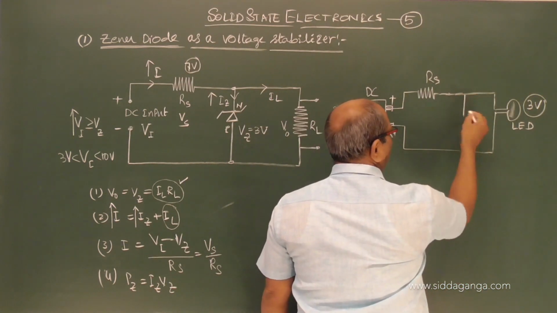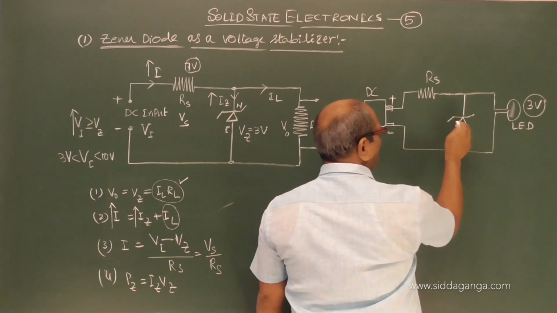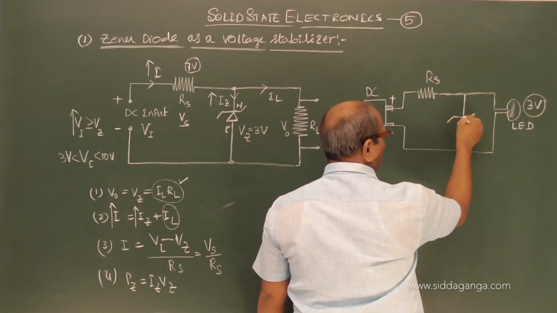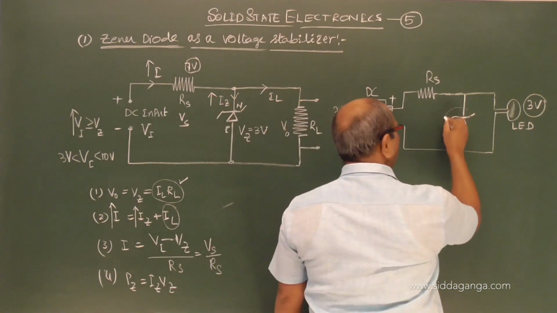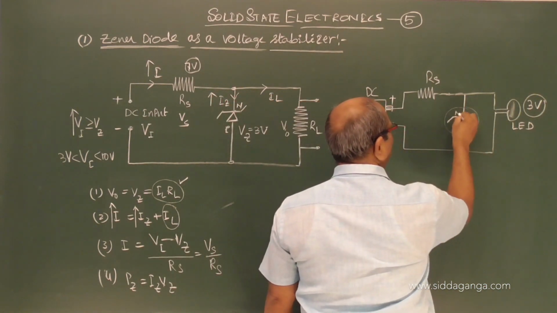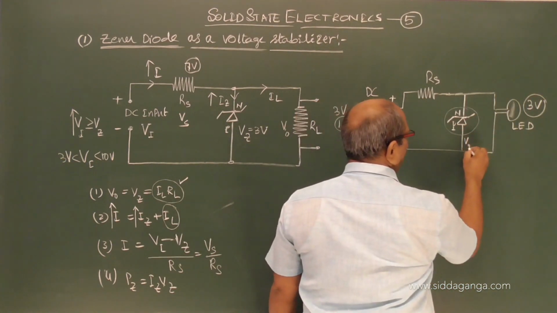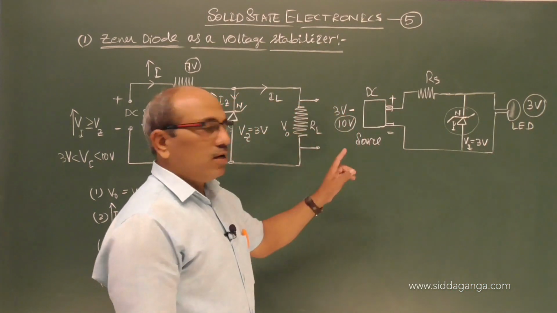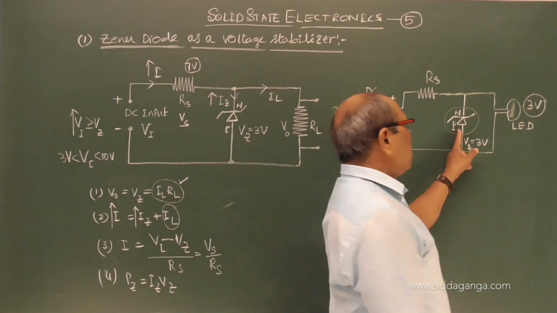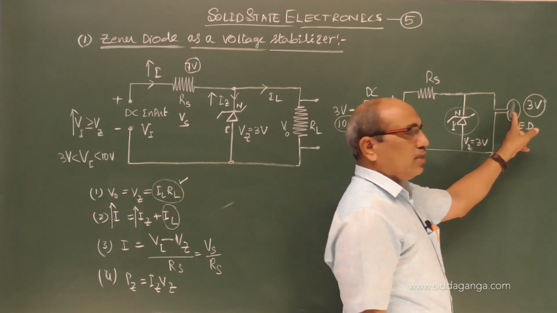That is done by adding the Zener diode, whose symbol we show with two marks on the bar line. This is the symbolic representation of the Zener diode, which I placed in reverse bias. So its Zener voltage must be 3 volt. I have taken a Zener diode of Zener voltage 3 volt, which I require for the output.